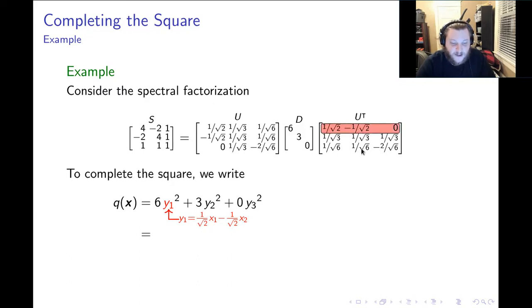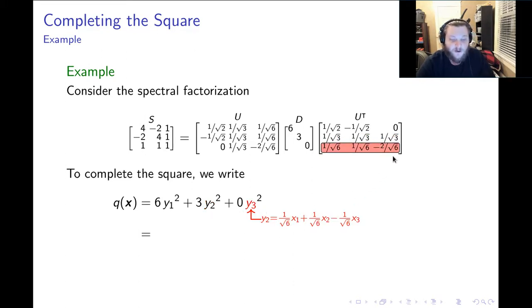Again, that's the inner product of the first row of U transpose with x1, x2, x3. y2 will be the inner product of the second row of U transpose with x1, x2, x3. So this is 1 over root 3 x1 plus 1 over root 3 x2 plus 1 over root 3 x3. And then y3 will be the inner product of the third row of U transpose with x1, x2, x3.